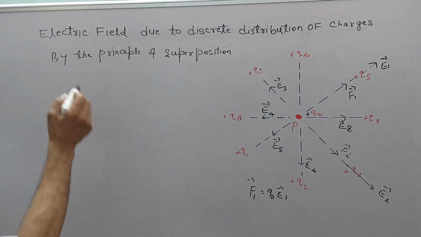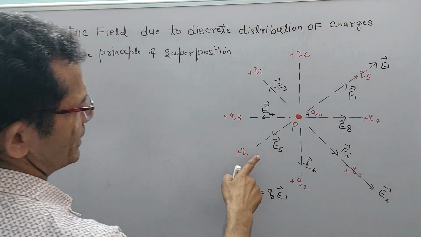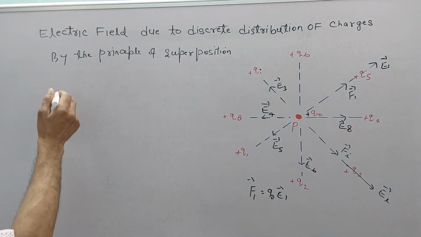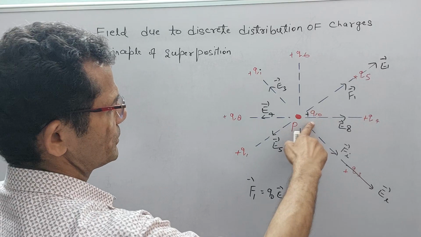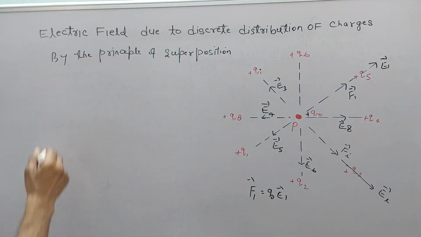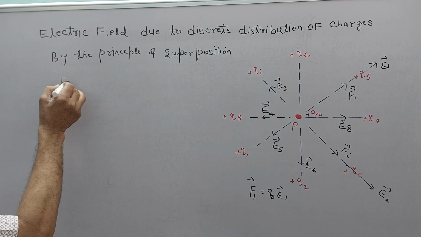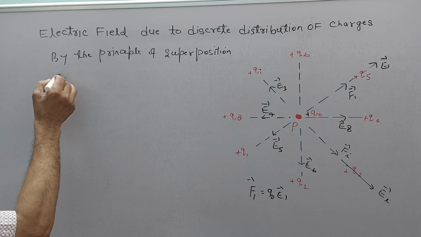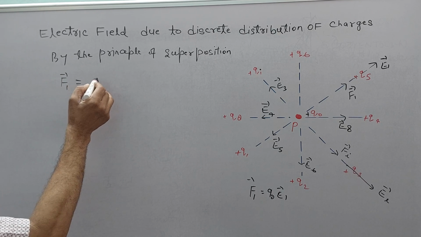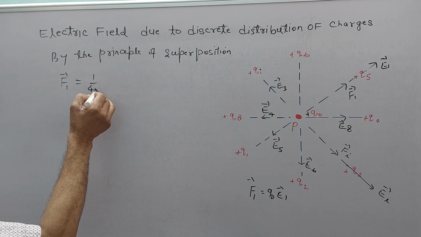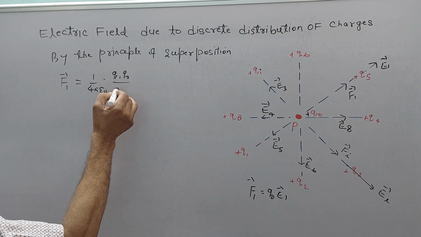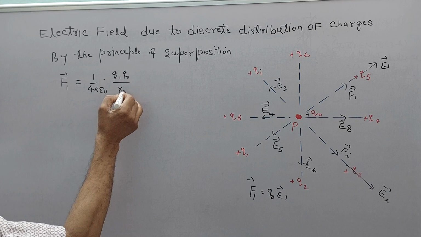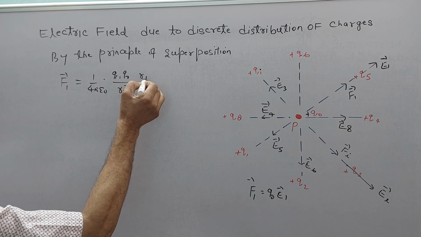Now by the Coulombic force between Q1 and Q naught, it will be a repulsive force. That repulsive force we represent like this, F1. F1 is equal to 1 upon 4 pi epsilon naught, the product of charges Q1 Q naught divided by R1 square, R1 cap.